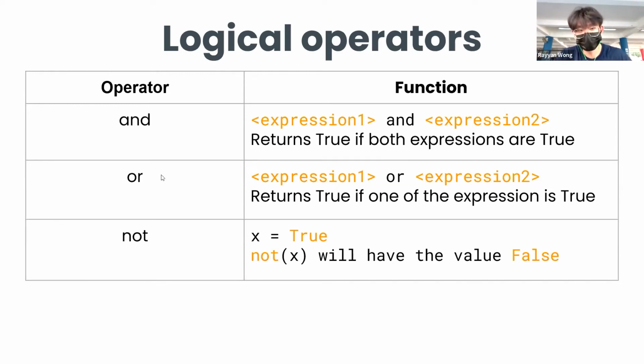Now let's move on to the or operator. You return a true if one of them is true. So if you have true or true, you'll also return a true.